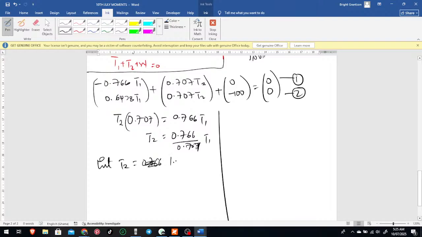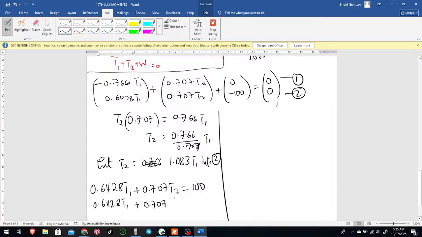So 1.083 T1 into equation 2. So if we see T2, that's what you write. So 0.6428 T1 plus 0.707 T2 equals 100, because we move the 100 to the other side. It becomes 0.6428 T1 plus 0.707.